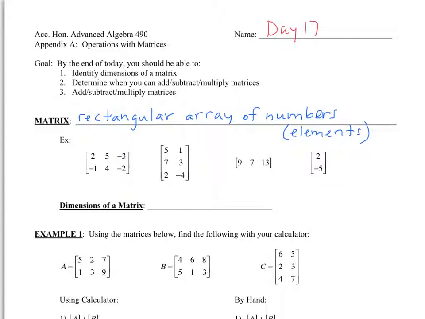Okay, so let's take a look at these four matrices down below. All right, one thing we should notice is going across, those are known as the rows. And these guys vertically, those are the columns.